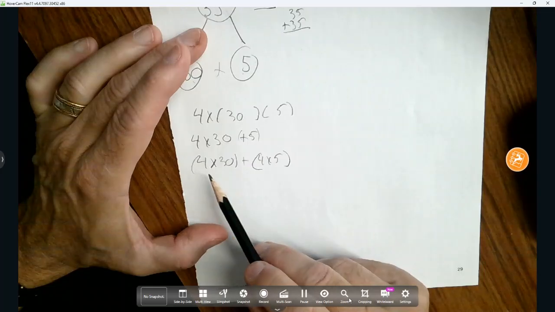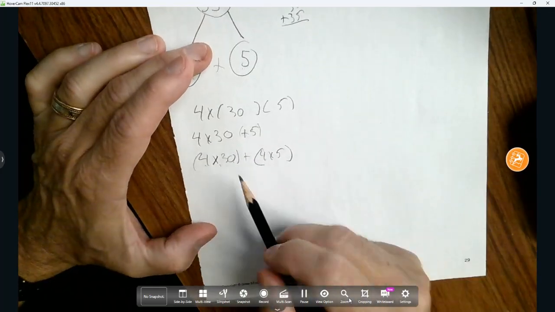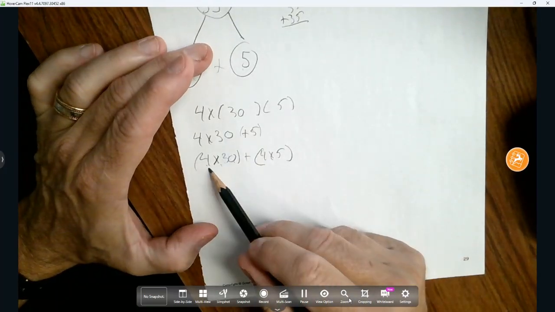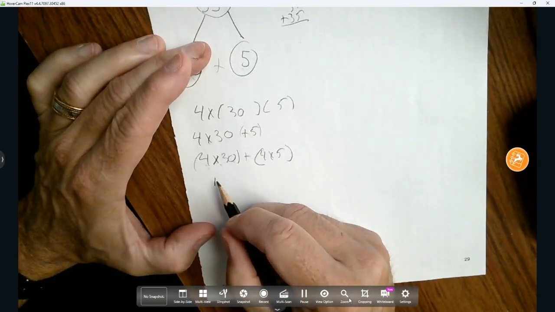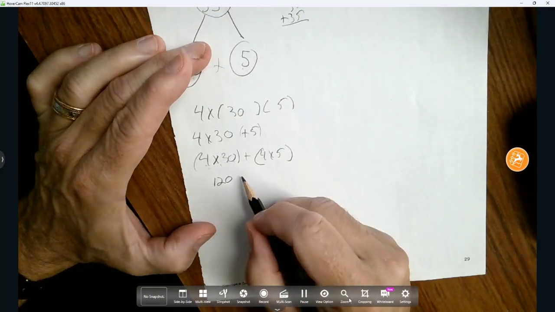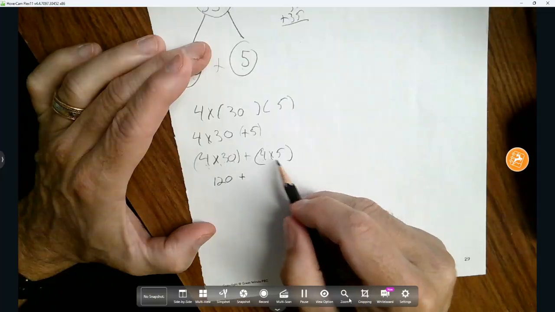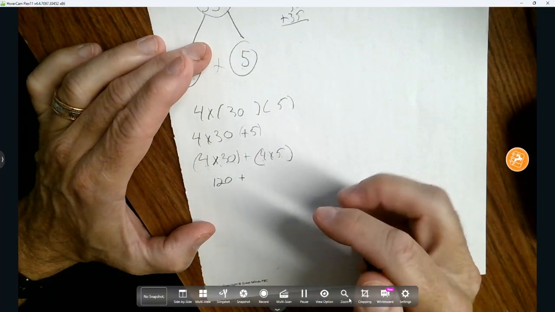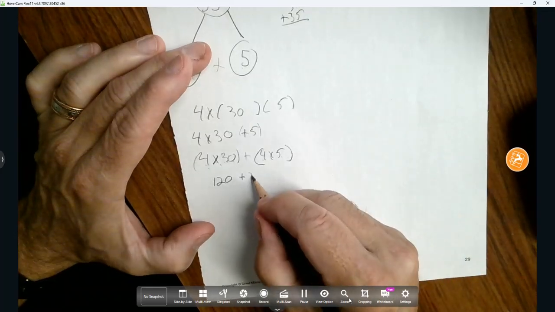All right. So 4 times 30. Remember the trick I showed you guys? We can say 4 times 3 and add the 0 at the end. So 4 times 3 is 12. Bring that 0 down. That gives us 120. Plus 4 times 5. If we go 5, 10, 15, 20, 4 times 5 is 20.